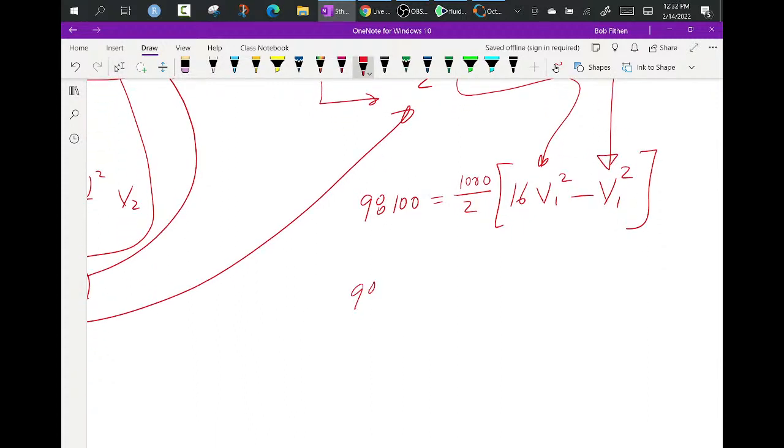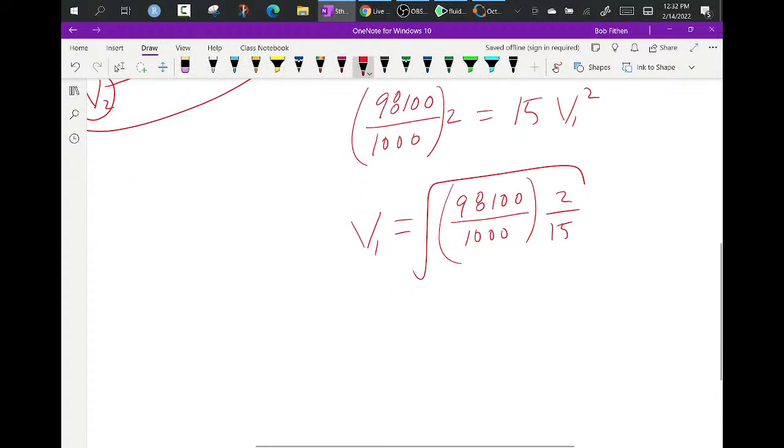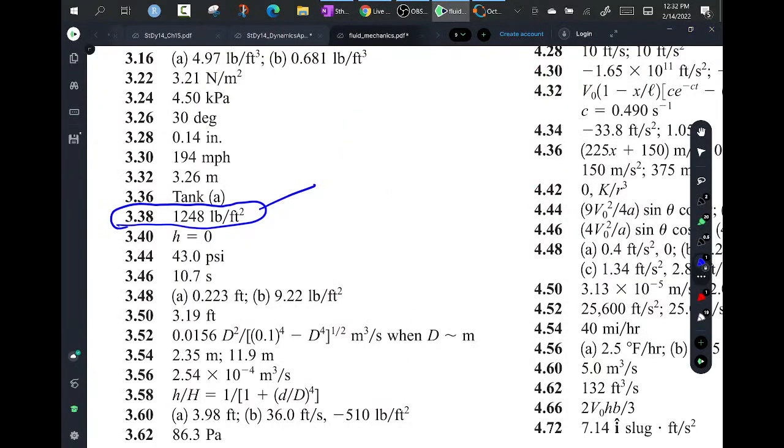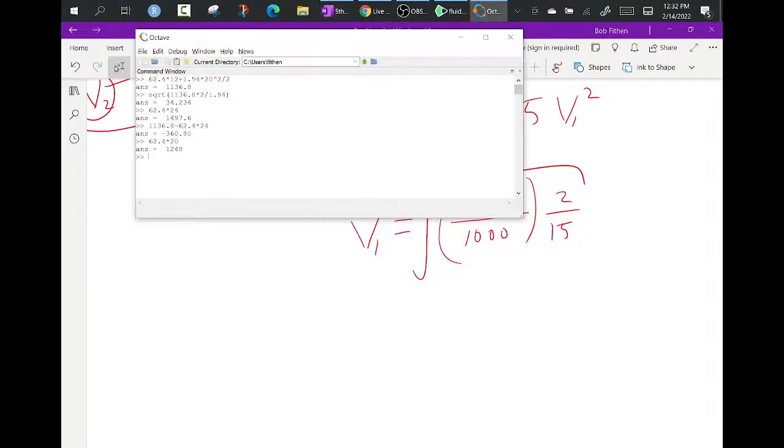So now you'll take the 98,100 divided by 1,000 times 2 is equal to 15 instead of 16, V1 squared. Now you can take V1 is equal to 98,100 times 2 over 1,000, divide by 15, take the square root. Oops, wrong place. Okay.